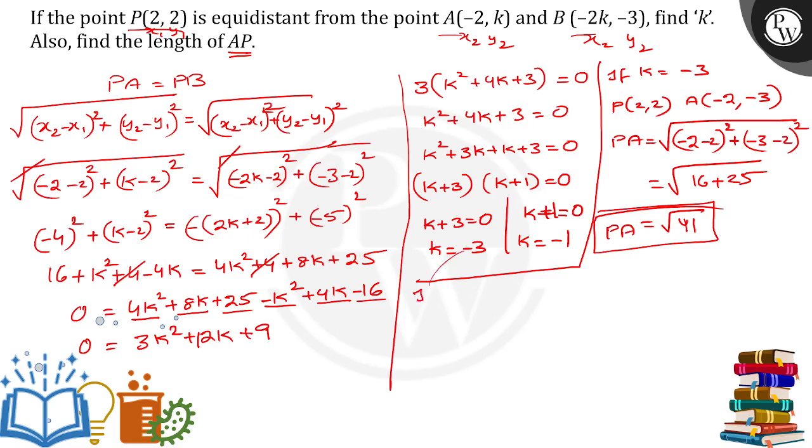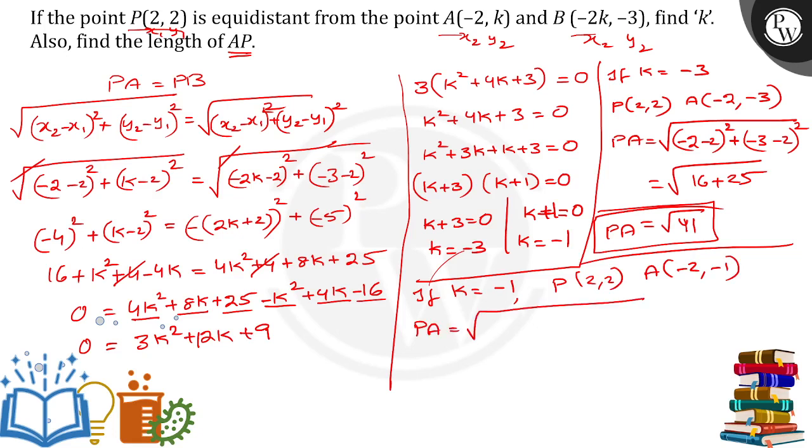Right. Now if k is equal to minus 1, then point P is (2, 2) and point A is (-2, -1). Then what is PA? Root over (minus 2 minus 2) whole square plus (minus 1 minus 2) whole square, right?